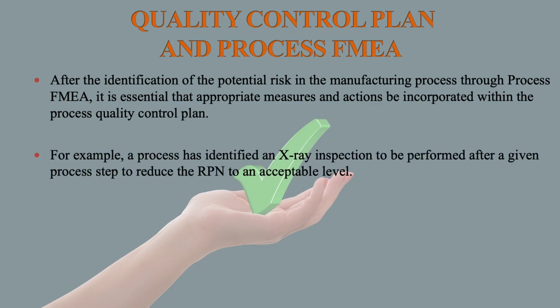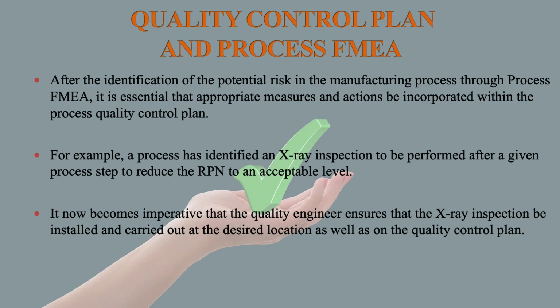For example, a process has identified an X-ray inspection to be performed after a given process step to reduce the RPN to an acceptable level. It now becomes imperative that the quality engineer ensures that the X-ray inspection is installed and carried out at the desired location, as well as in the quality control plan.